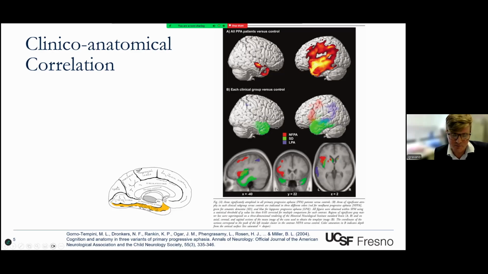variants. And so the logopenic variety is a temporal parietal variety, primarily involving changes in the posterior superior temporal gyrus, aka Wernicke's for some, the extension superiorly into supramarginal and posteriorly into angular gyrus, and then inferiorly into posterior middle temporal.